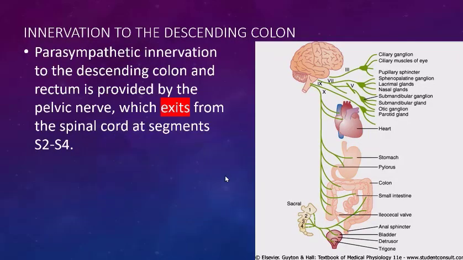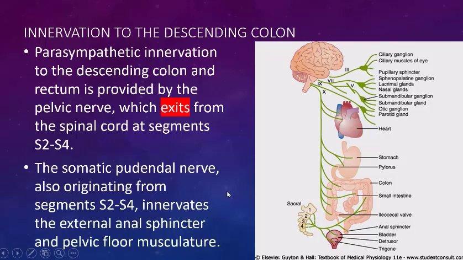Parasympathetic innervation to the descending colon and rectum is provided by the pelvic nerve, which exits from the spinal cord at segments S2 and S4. So this descending portion of the colon is supplied by sacral nerves 2 to 4.